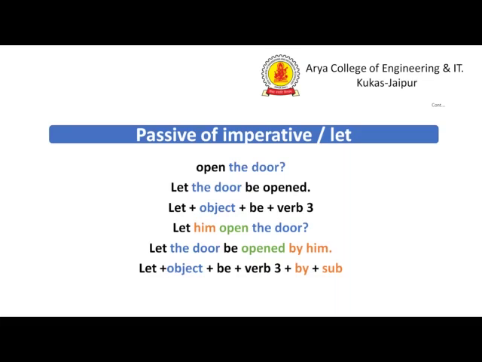So this is the way you can sort it out. Also here you can see the rule: let plus object plus be plus verb's third form. What conversion are we applying here? "Open the door" becomes "Let the door be opened."